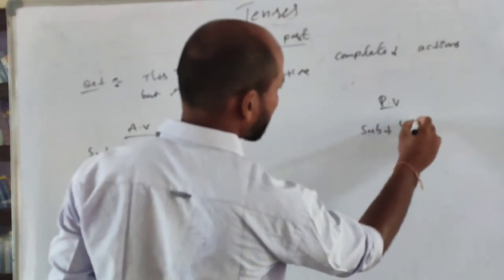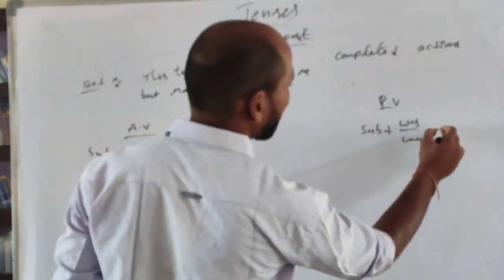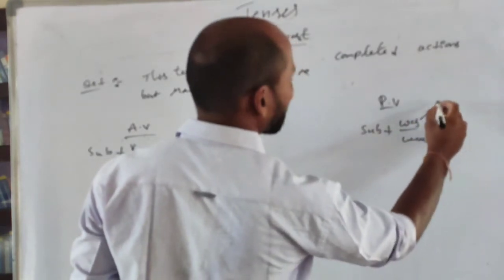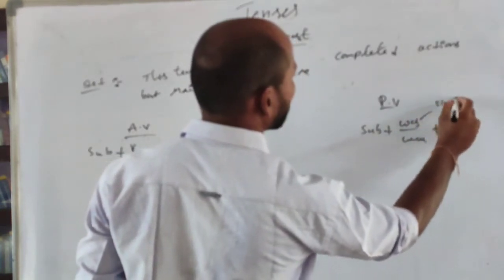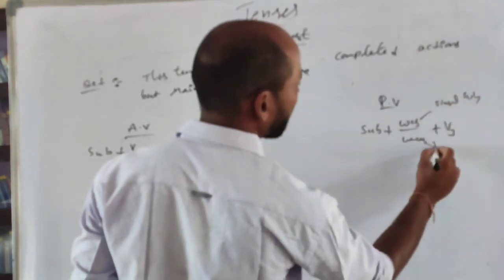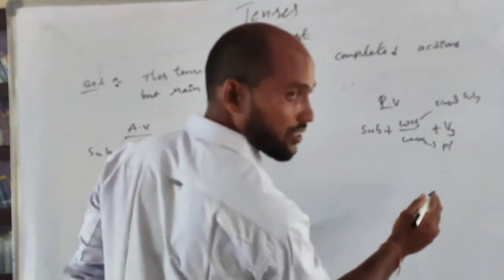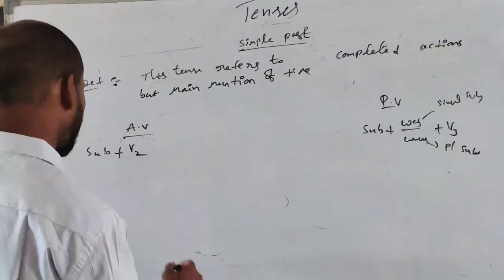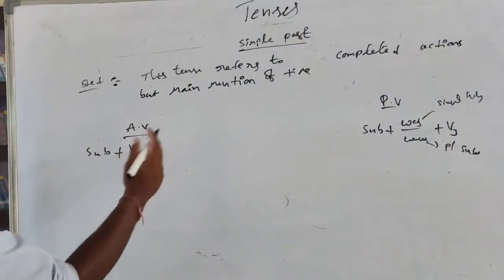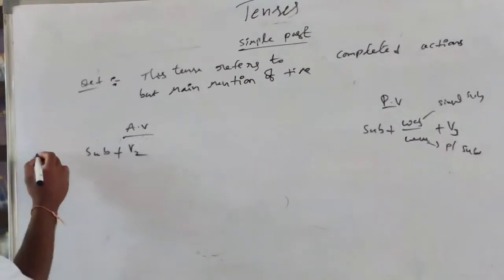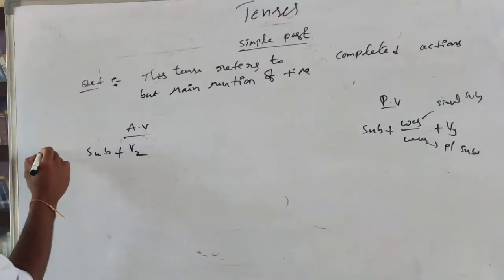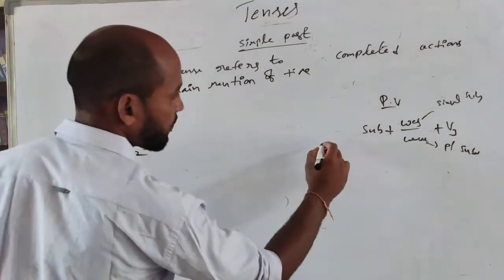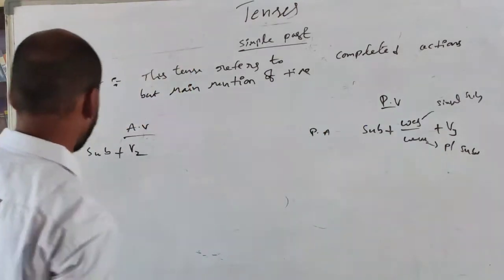Subject plus was or were plus V3. Was comes after singular subjects, were comes after plural subjects. Those active and passive structures indicate positive assertive.